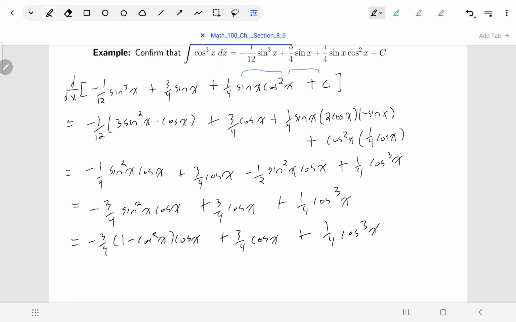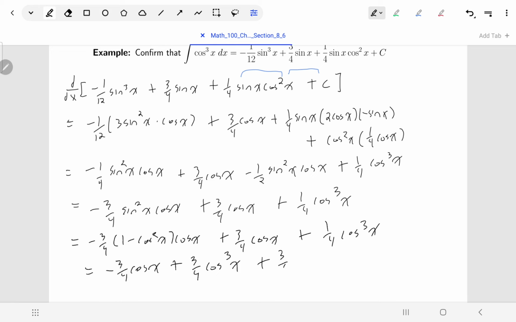And now we're pretty much finished, because once I expand this, I'll have negative 3/4 times 1 times cosine, so negative 3/4 cosine. I will have negative 3/4 times negative 1 cosine squared times cosine, which is plus 3/4 cosine cubed.